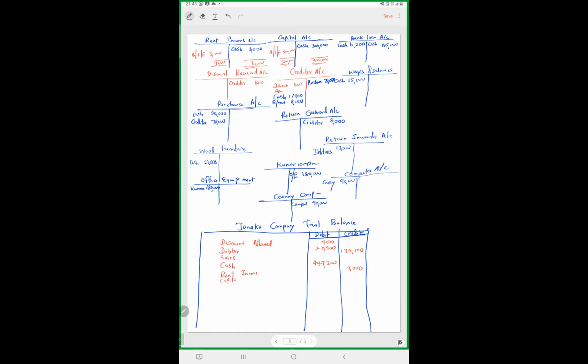Capital credit balance 300,000. Then bank loan 145,000. BCF amount is after deducting the balance payment: 145,000 minus 6,200, 138,800. Bank loan 138,800.